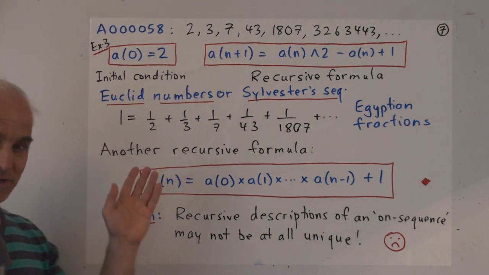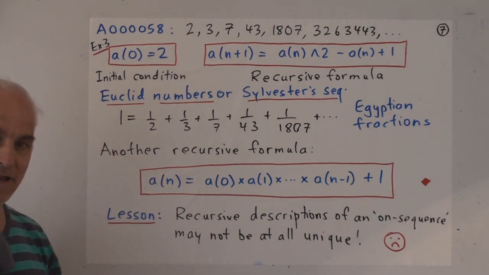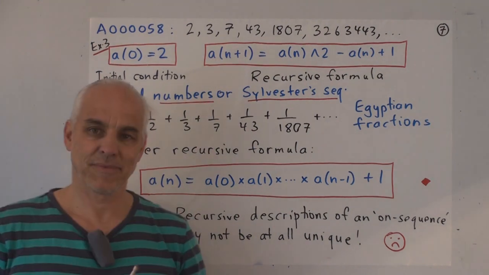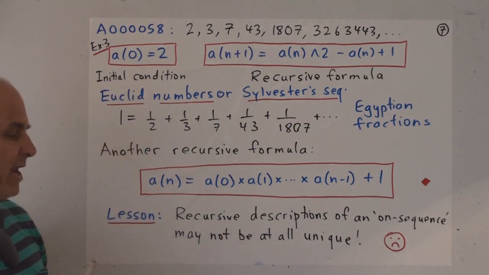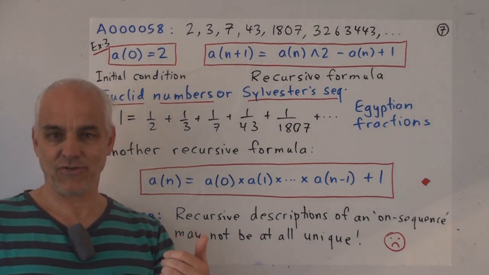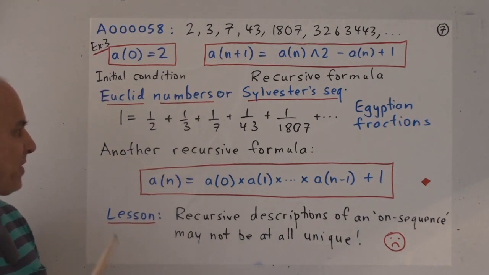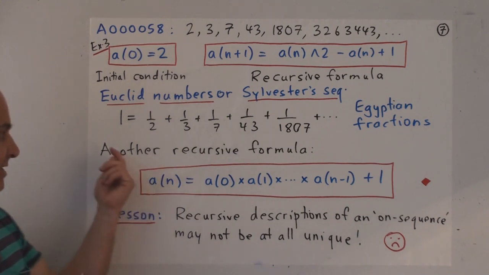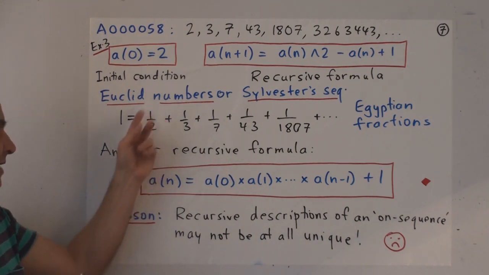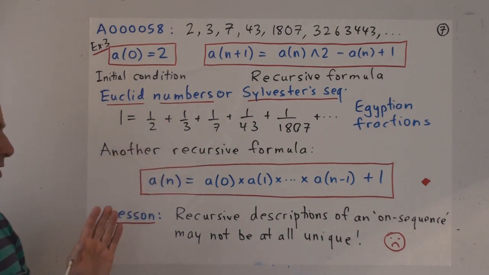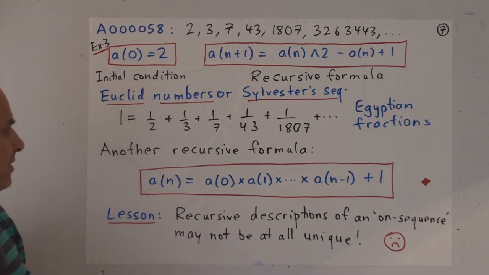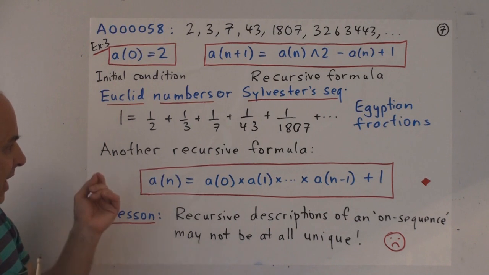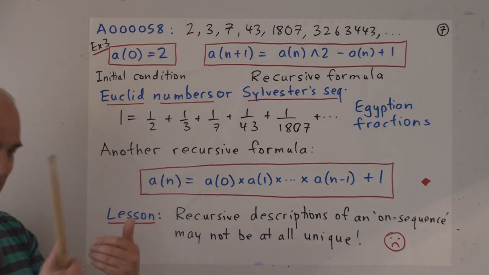And there's generally lots of different ways of writing a given number that way. So if you try to write 1 as a sum of Egyptian fractions, one way of doing that would be to take the biggest Egyptian fraction that will fit inside 1, and let's say that's 1/2, because we won't include 1/1. So then if we take 1/2 away from 1, then what's remaining has a certain size.